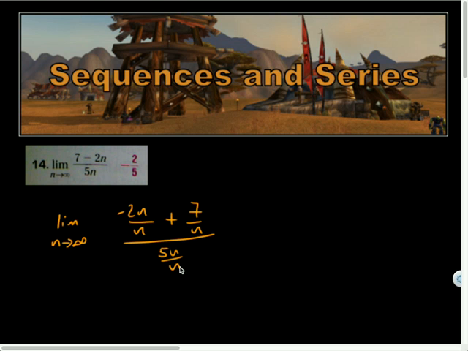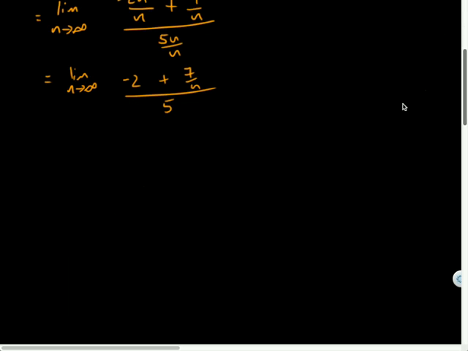And then this simplifies to the limit as n approaches infinity of negative 2 plus 7 over n, all over 5, right? And now if I take it to the limit, the limit as n approaches infinity of negative 2 is negative 2.